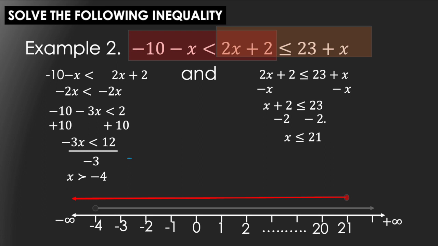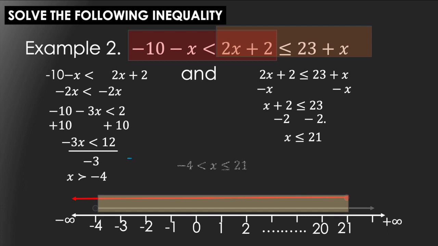Now to find the values of x that satisfy both parts of the inequality, we have to find the area that overlaps. So in this case, it is the area between negative 4 and 21, where 21 is included.